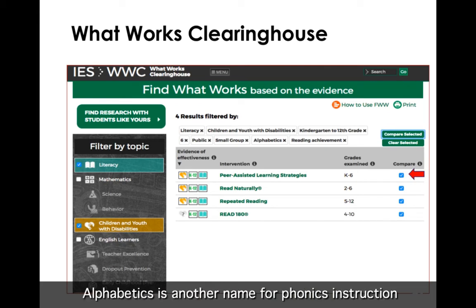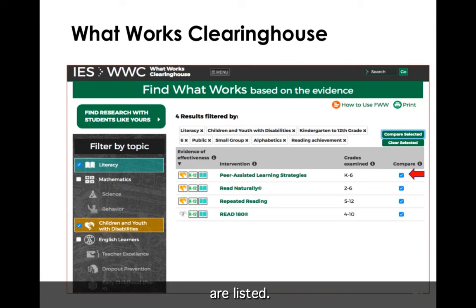Alphabetics is another name for phonics instruction on this slide. Next, I added reading achievement to the filter. On the web page, these 4 programs or strategies are listed. Note, the Read 180 program was not studied for youth with disabilities. Next, I checked each one to compare these practices.